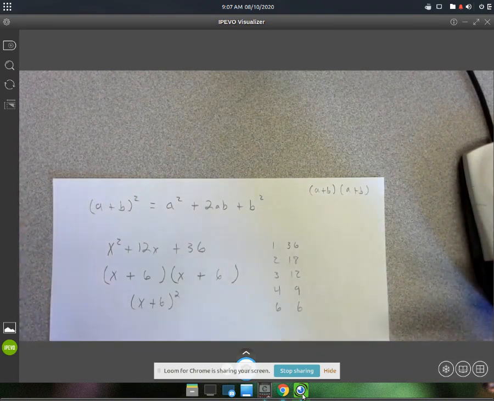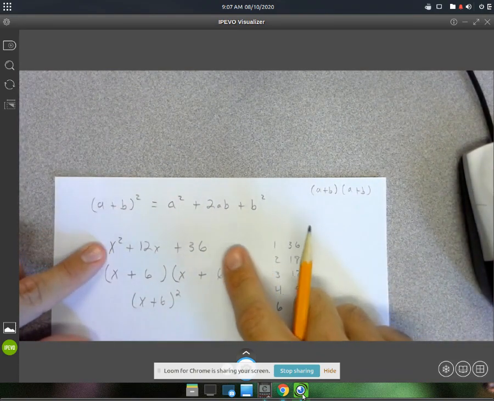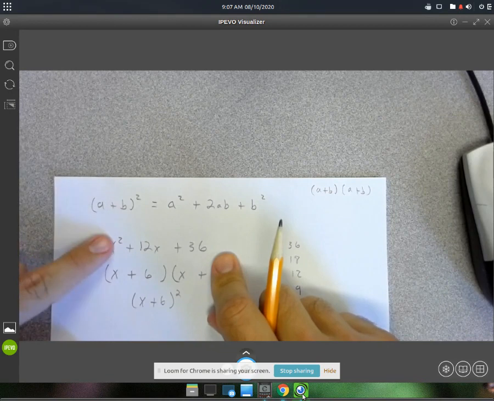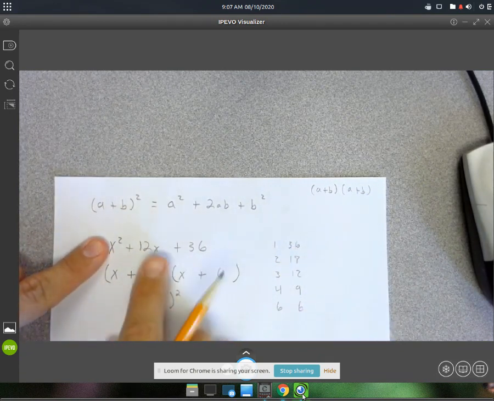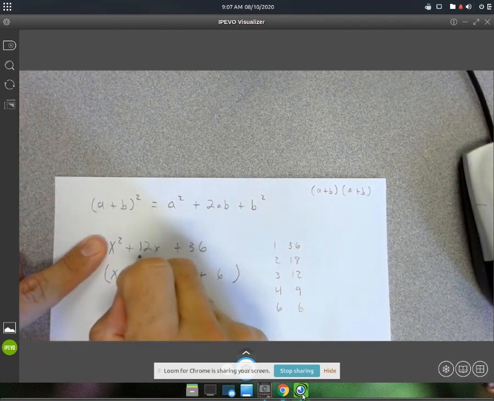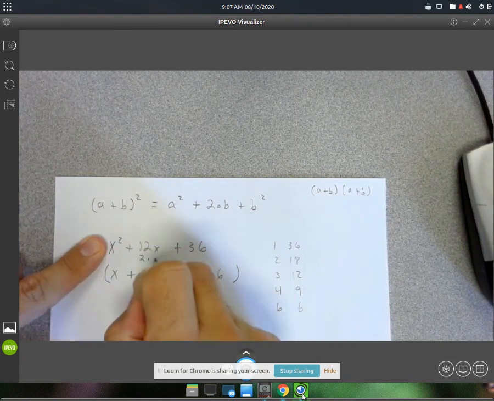So what they're saying with this formula is right off the bat, you notice that the first term and the last term are both perfect squares, x times x and 6 times 6. And then you happen to notice that the middle term is equal to 2 times 6 times x.